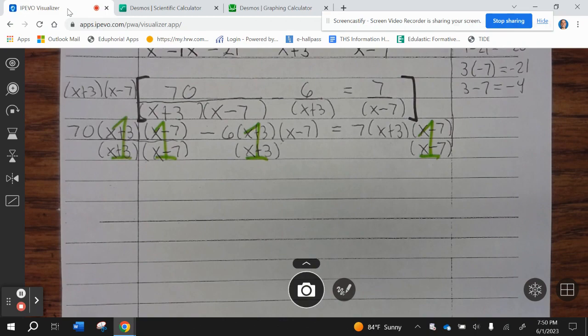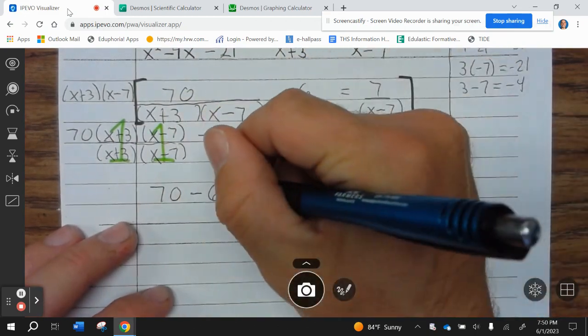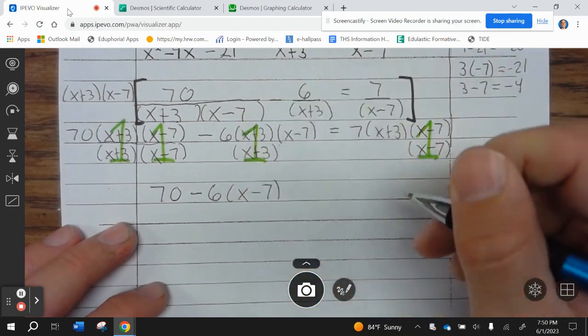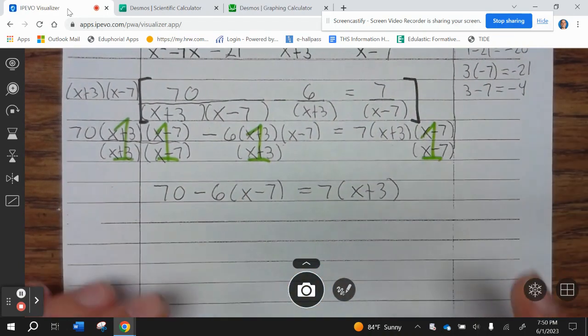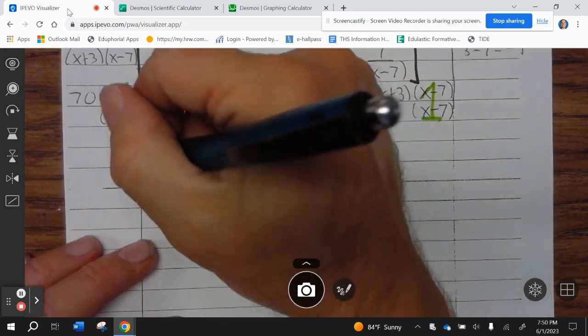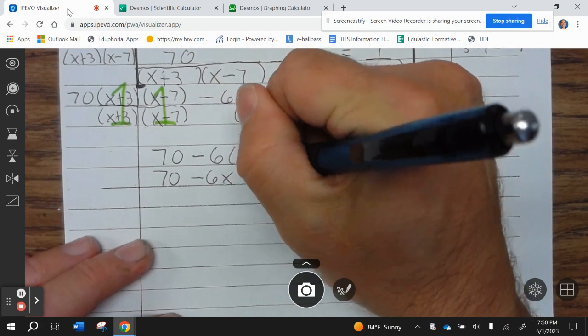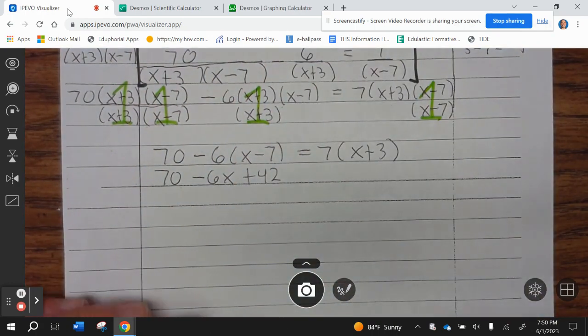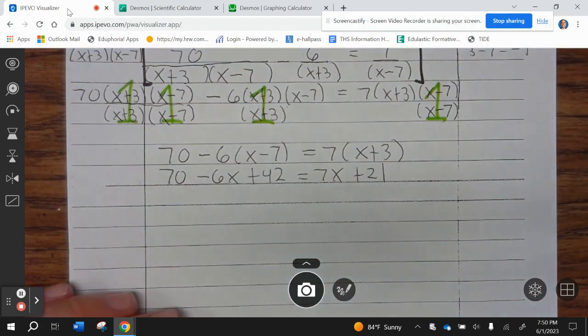So we're left with 70 minus 6 times x minus 7 equals 7 times x plus 3. So then that's 70 minus 6x plus 42 equals 7x plus 21.